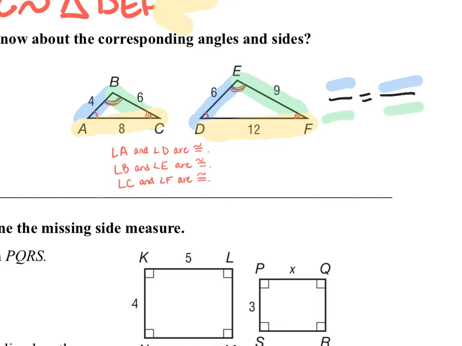And then I would plug in my numbers. This is a small one. So small, small. Big, big. The small blue is 4, and the small green is 6. The big blue is 6, and the big green is 9.